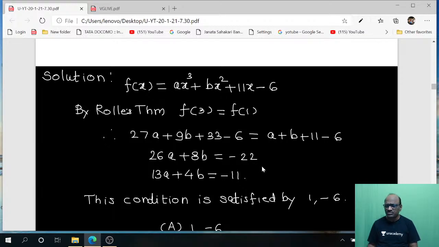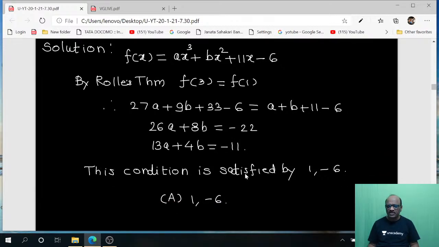Now divide this equation by 2, and hence you will get 13a + 4b = −11. By trial and error, or by using the elimination method, we solve this. This condition is satisfied only by a = 1 and b = −6, and hence option A is the correct one.